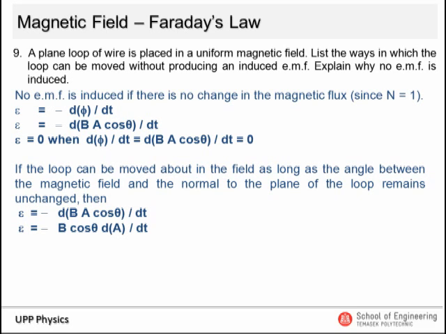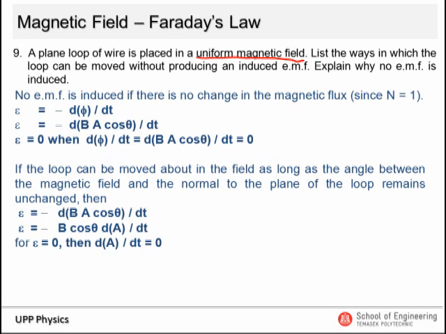How do we know B is constant? Because it is mentioned in the question, the plane loop of wire is placed in a uniform magnetic field. So we know that B must be a constant. And we have made the assumption that we're going to move the loop such that the angle theta does not change with time. Therefore, the product B cosine theta can be taken out of the differentiation operator.